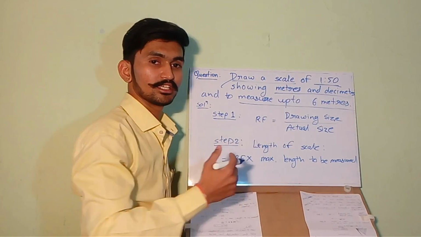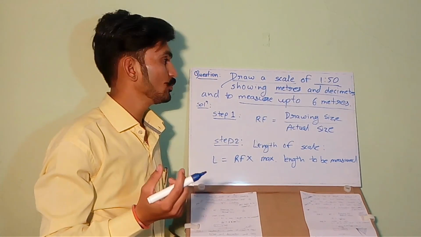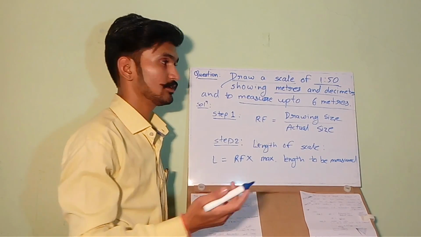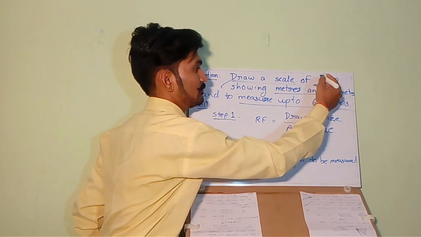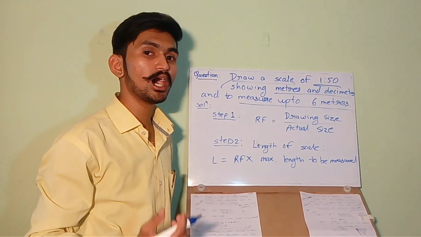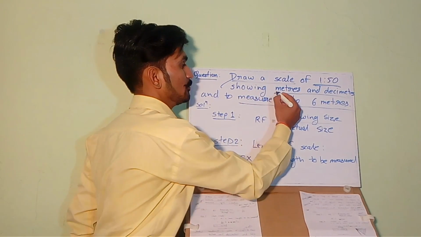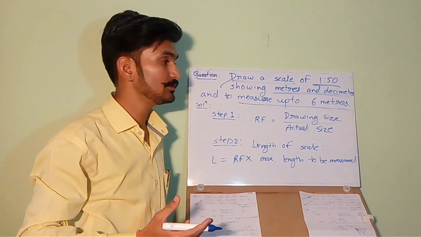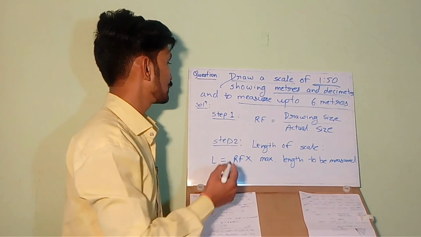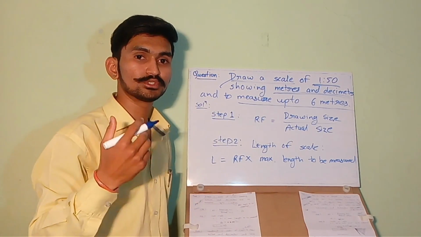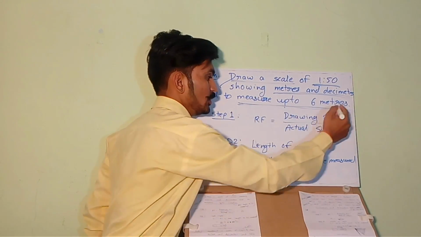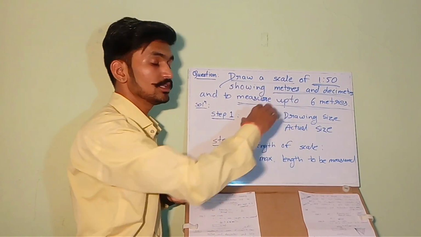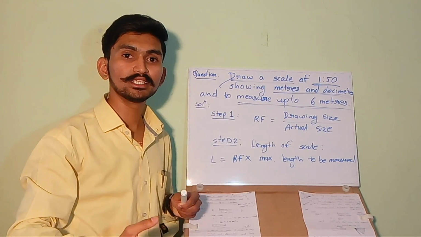Draw a scale gives you the idea that you will be required to draw a plain scale. 1:50 is the RF. Showing meters and decimeters means you need to show meters and decimeters in the scale, and measure up to 6 meters. From this line we can get the length of the scale. So this is how we can divide the question into smaller parts.